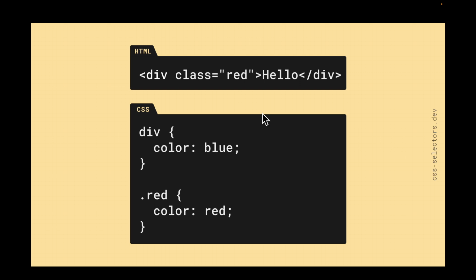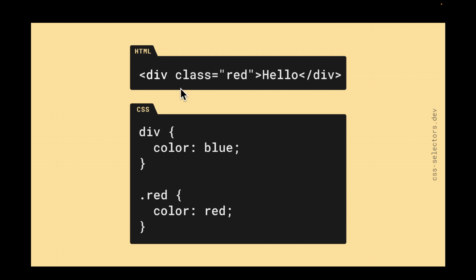So far, we have learned type, class, ID, and universal selectors. And here in this HTML and CSS code, we are using both type and class selectors targeting the same div element. So, what should happen if we try to apply multiple rules on the same element?